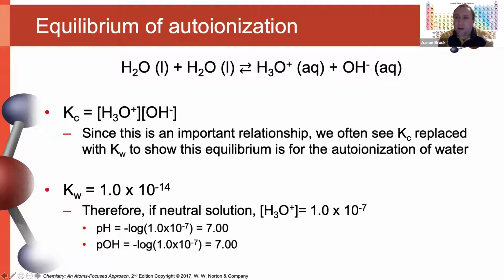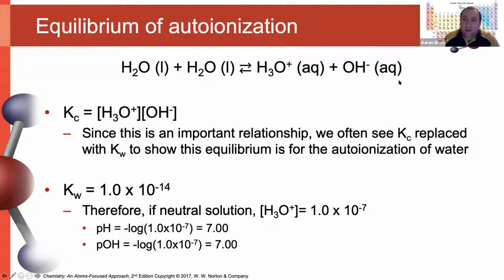Now that we have a better understanding of equilibrium, because we've gone through the equilibrium chapter, we understand that this reaction has a constant associated with it. That constant, the equilibrium constant for the autoionization, is equal to the concentration of the hydronium ion multiplied by the concentration of the hydroxide ion.